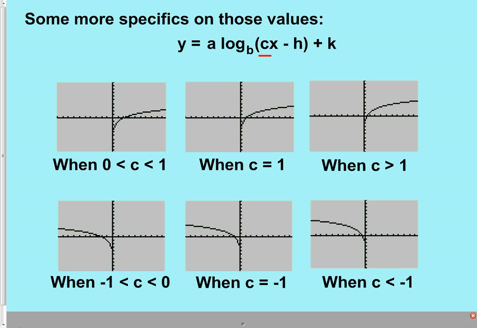Okay, on the C value, of course, we can change the coefficient in front of x, and this largely has the same type of effect as changing the A value when it comes to the logarithmic function. Again, as you can see in the middle there, the starting point is C equals 1.